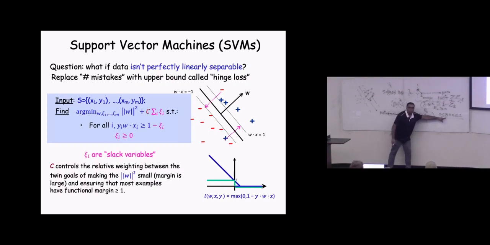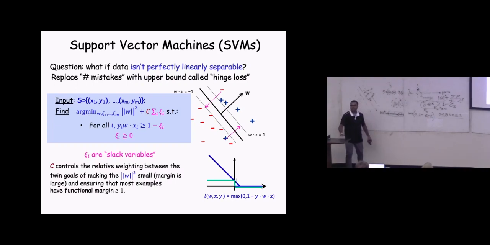Things get even worse when you have a negative dot product. Because now you have a number here that is less than or equal to 0, say minus 1.